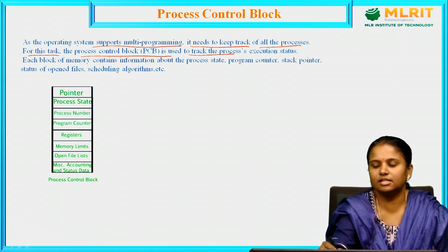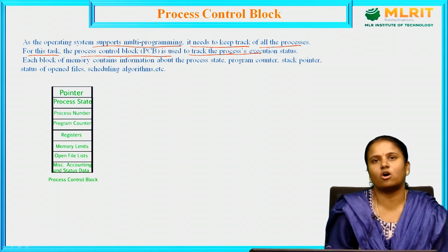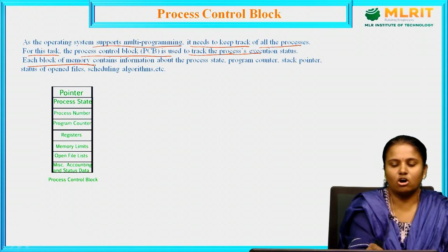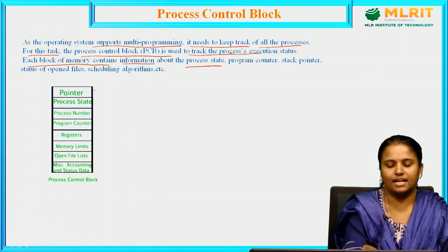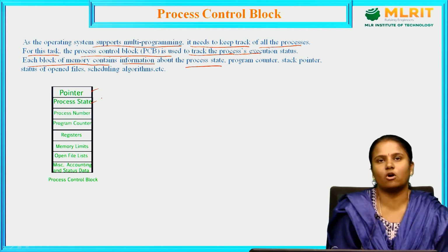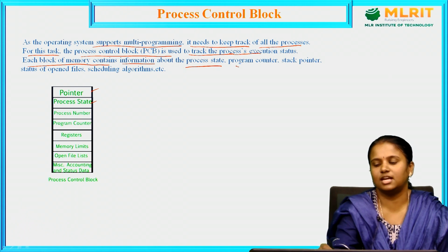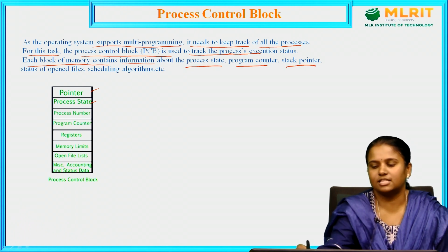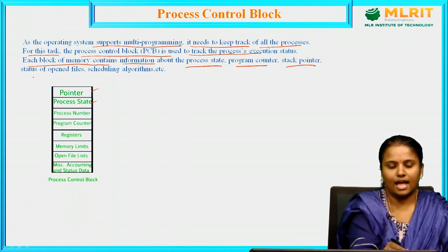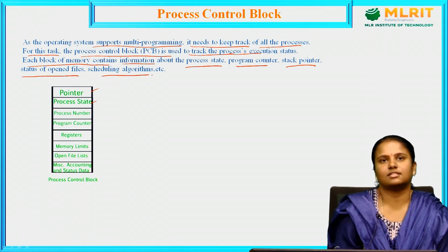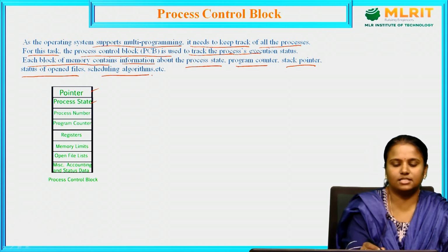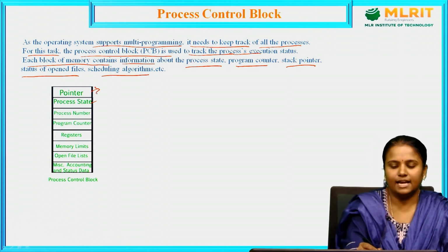Each block of memory contains information about the process. The first one is process state, next program counter, pointer, status of open files, scheduling algorithms, etc. Let us see the pointer first. A pointer addresses the next variable.